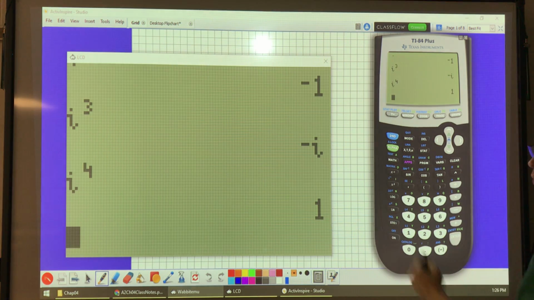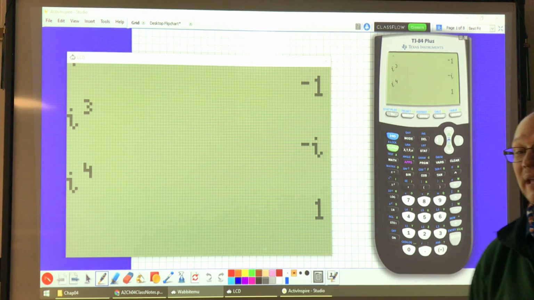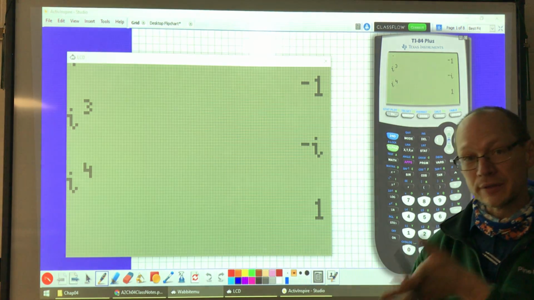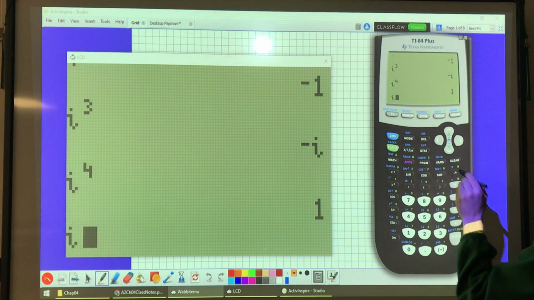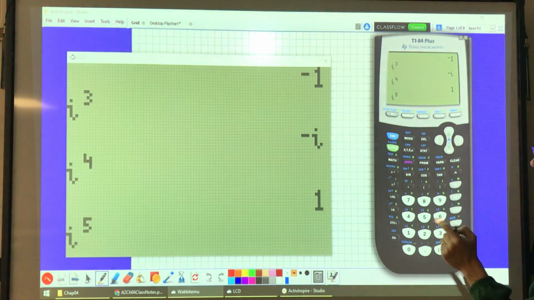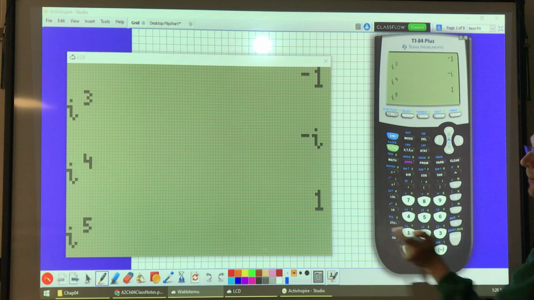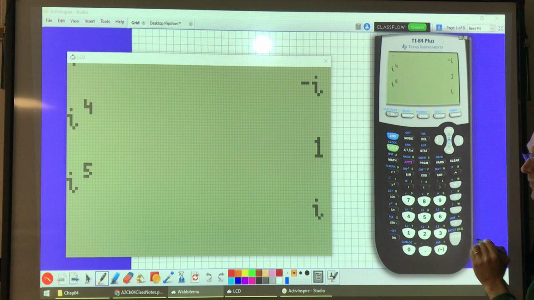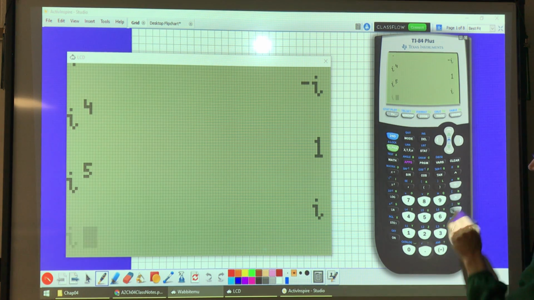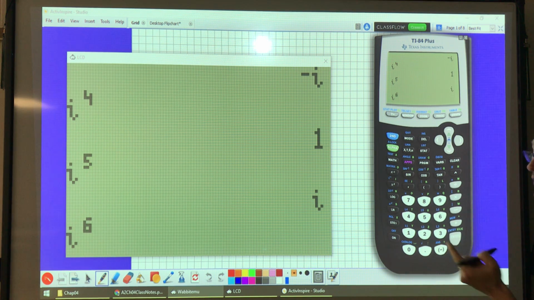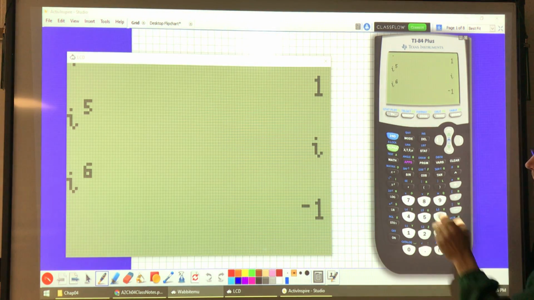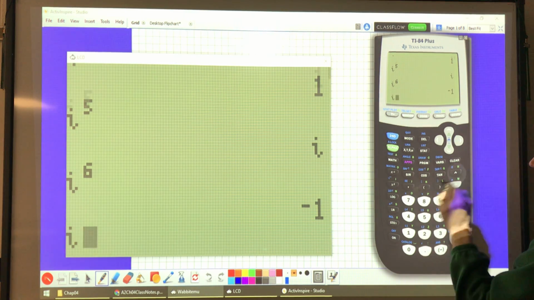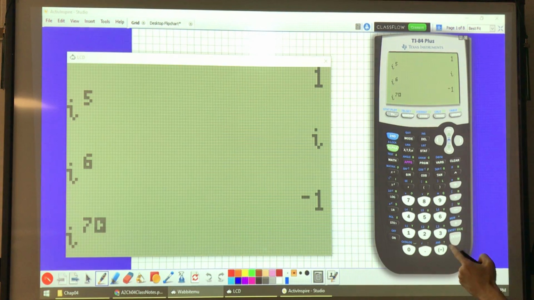That becomes 1. And then you start realizing that i to the 5th is the same as i to the 4th times another i. So it starts recycling around. So i to the 5th is going to recycle back to i. And then i to the 6th is going to be the same as i squared, which was -1. And i to the 7th is going to be the same as i cubed.